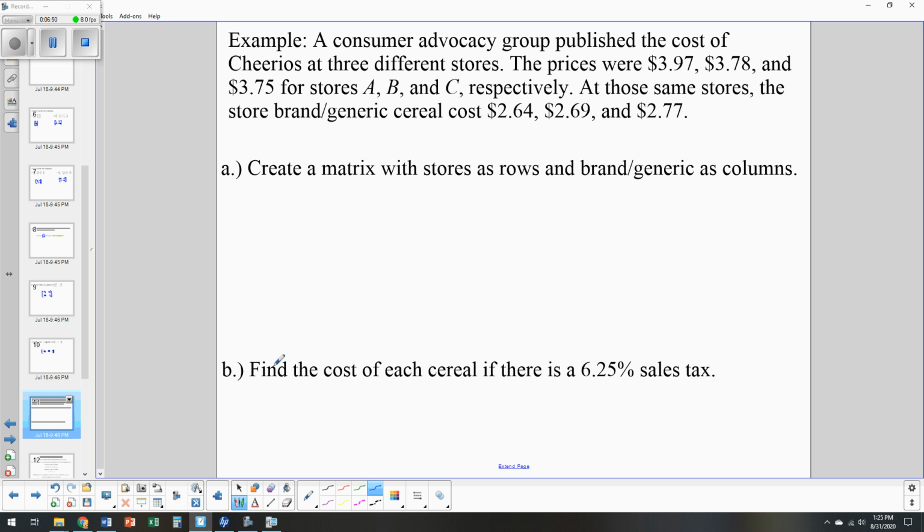We're going to create a matrix with stores as rows and the Cheerios brand versus generic as the columns. So my 3 stores are going to be my rows: store A, store B, and store C. And then we're going to have the Cheerios brand versus generic.